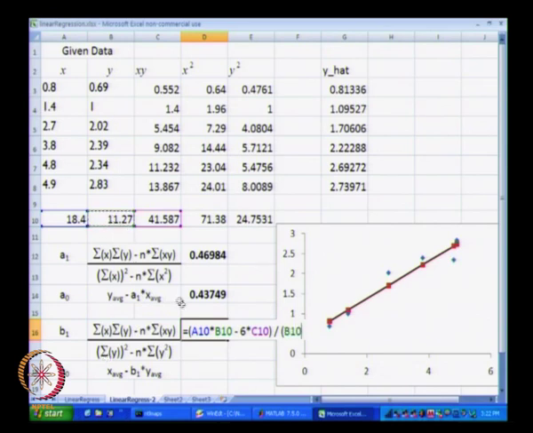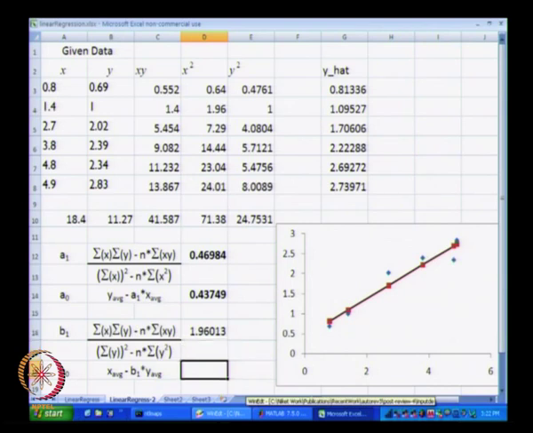B10 is summation y, whole squared, minus n, which is 6, multiplied by summation of y squared, that is the value we have recently found, and that is what our B1 is.